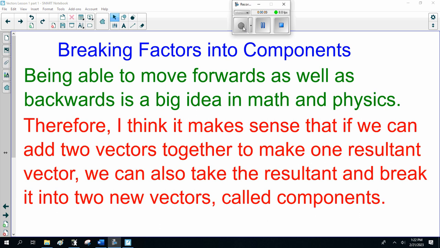Now, breaking vectors into components. Being able to move forwards as well as backwards is a big idea in math and physics.